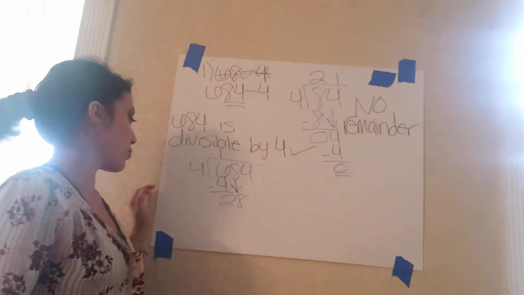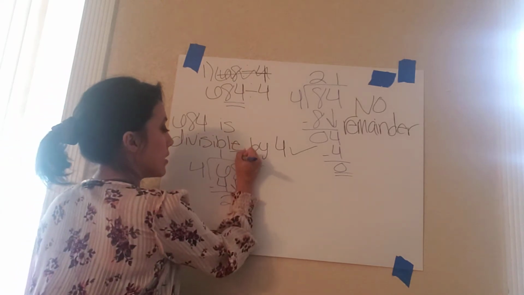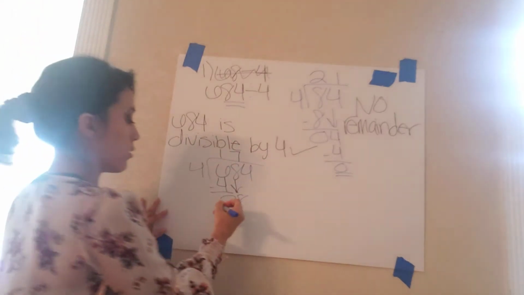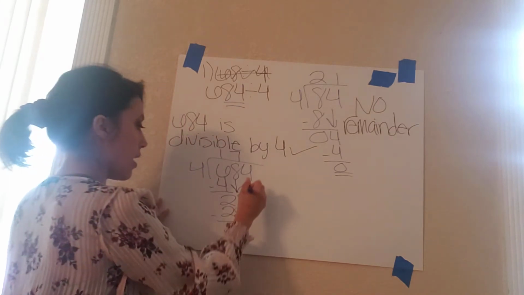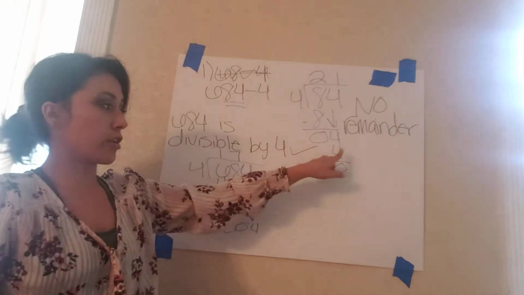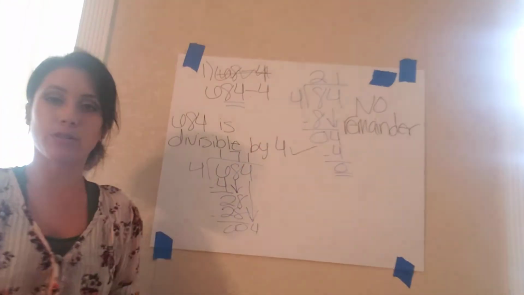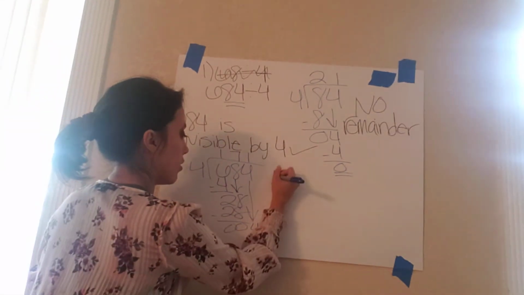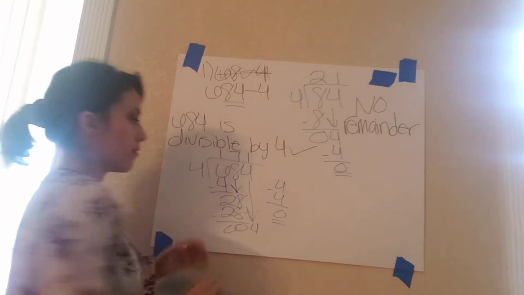So we just do the multiplication, and it is 7. 7 times 4 equals 28. And then we're going to bring down the 4, and from what we learned earlier, 4 times 1 equals 4. So 4 minus 4 equals 0.